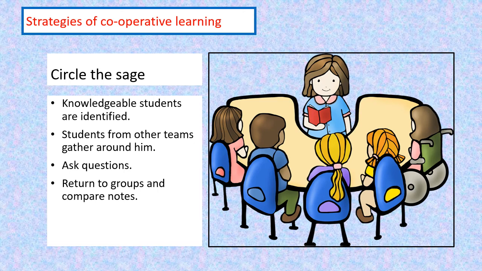Each in turn explains what they learned. Because each one has gone to a different sage, they compare notes. If there is a disagreement, they stand up as a team. Finally, the disagreements are resolved.